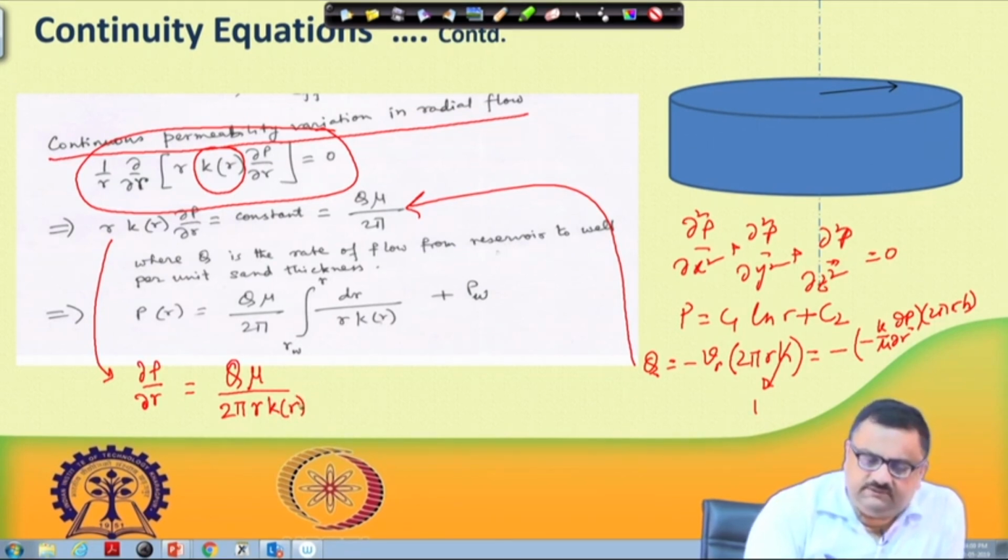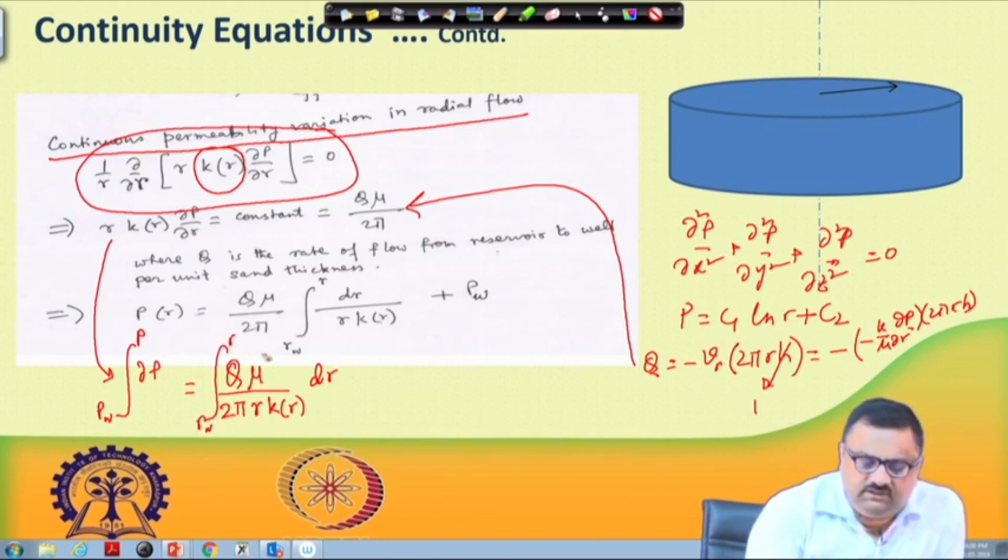When you conduct this integration, you write dr, and you integrate del p from pw to p and integrate from rw to r.